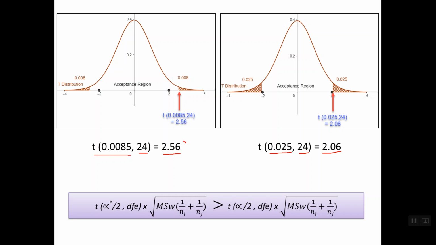So the value here, 2.56, is greater than the value of 2.06, which means simply that if we calculate the Bonferroni critical value for the value of 2.56, it will be greater than the value of t at the original alpha.